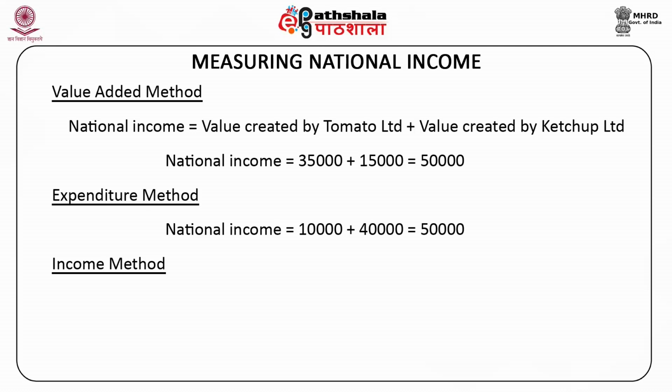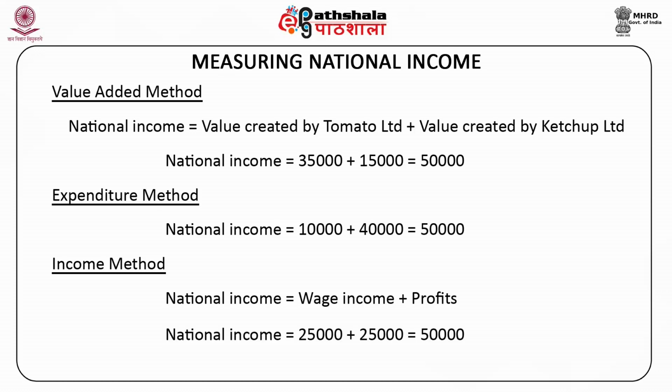The wage income of the economy is 25,000, 15,000, and 10,000 of Tomato Limited and Ketchup Limited respectively. The national income will be equal to wage income plus profits income, that is 25,000 plus 25,000, which is equal to rupees 50,000. Thus we can see that the amount of national income derived through different approaches is identical.